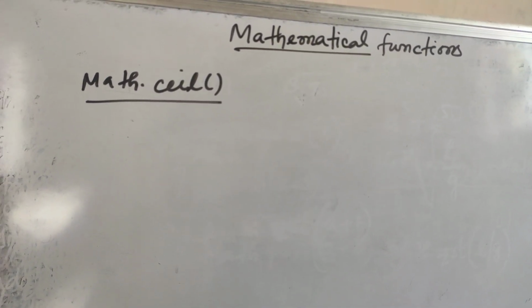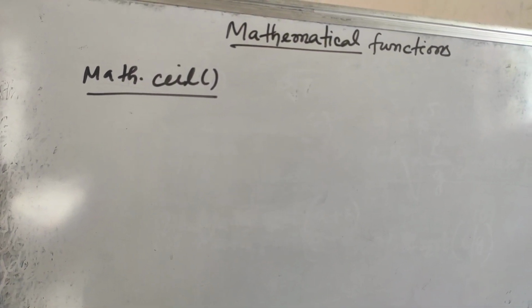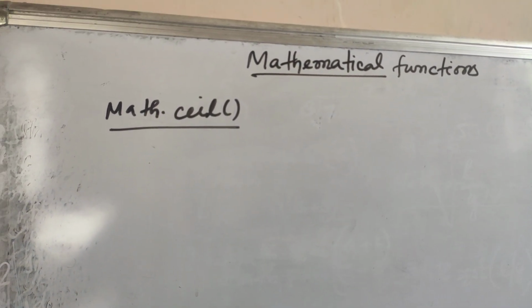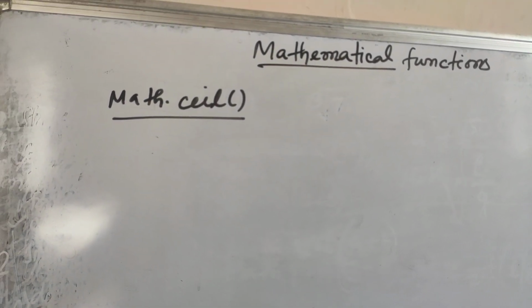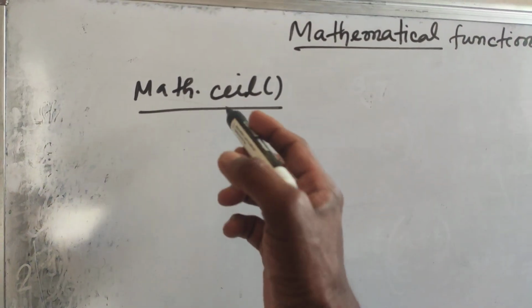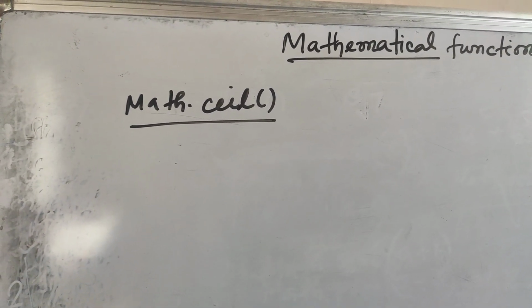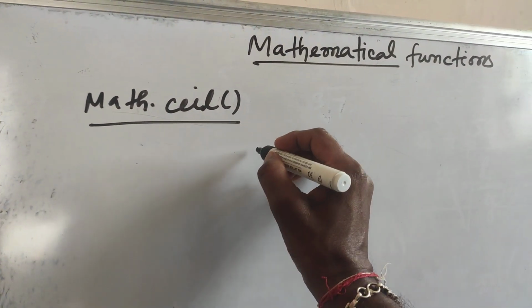Square root, double, always double. We can take it as integer, but that time there should be explicit conversion. Cube root is always double. Now math.ceil, this data type is always double, real.